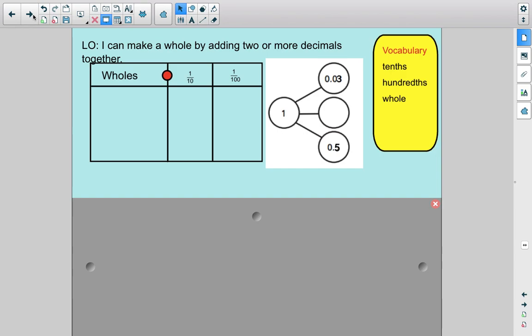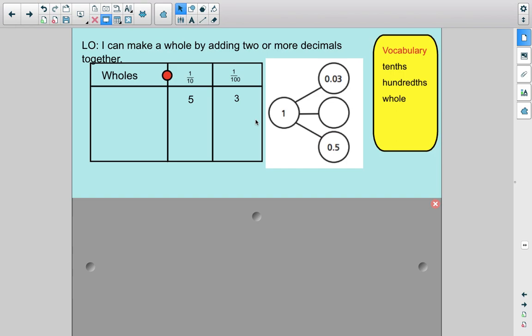So here in this part whole model, my whole one is made up of 0.03, so 3 hundredths, add something, don't know what that is, and it's made up of 0.5, which is 50 hundredths or 5/10. So I'm going to pop those in the right place. So I know that 0.03, that 3 is worth 3 hundredths, and this 5 here is worth 5/10. So altogether, I've got 53 hundredths.